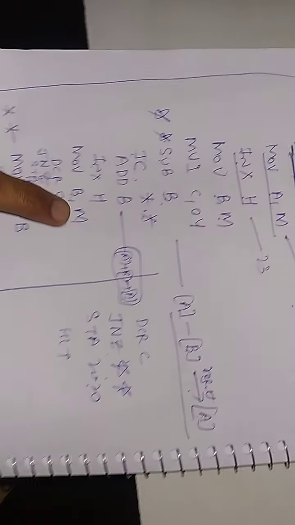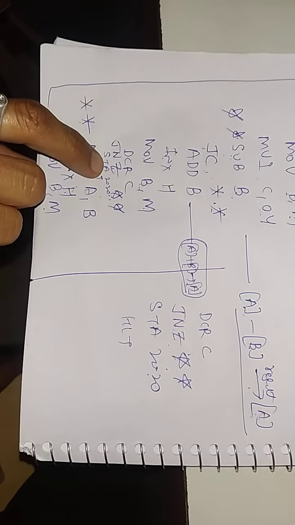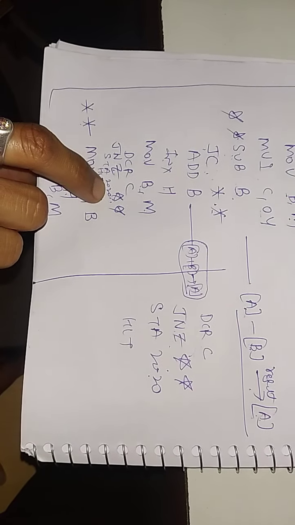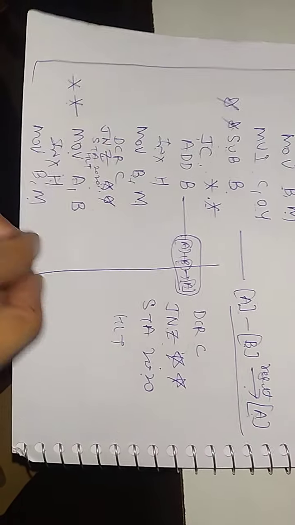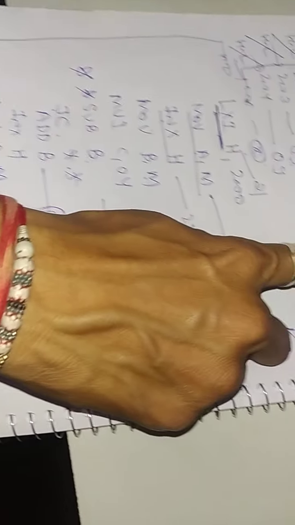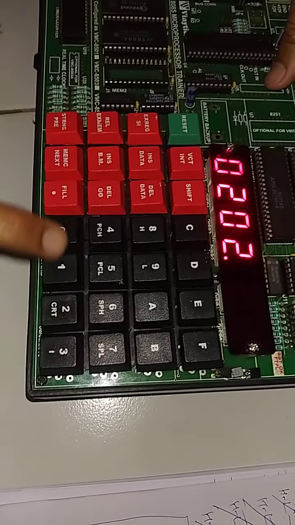Because in the program we wrote that the result will be at 2020. See here, STA 2020. It means the content of the accumulator, which will actually hold the data that is the result of this program, will be stored at 2020. So I have to type that 2020.